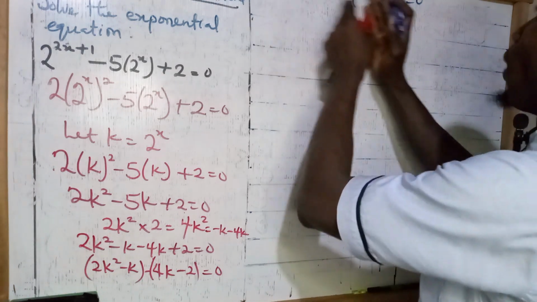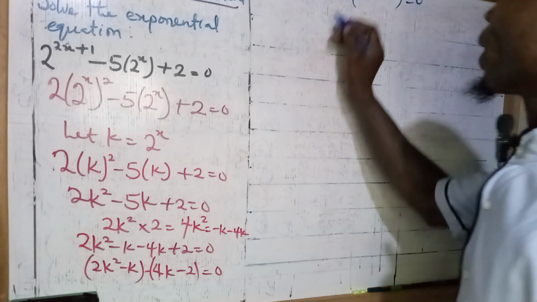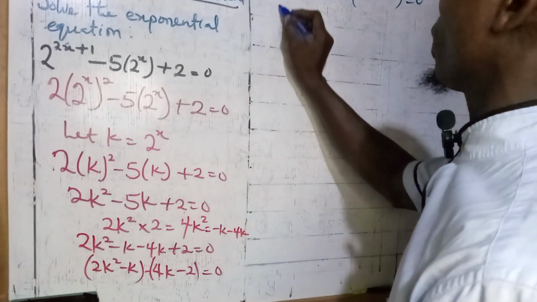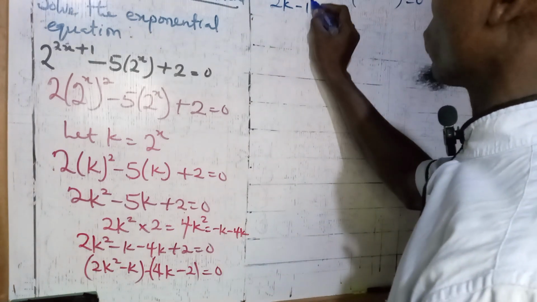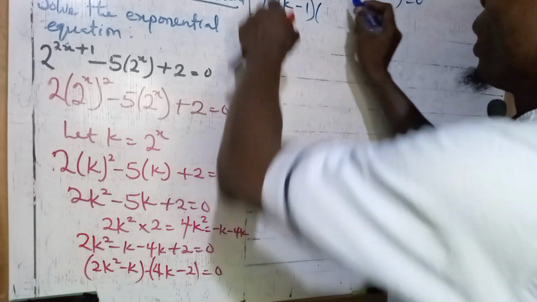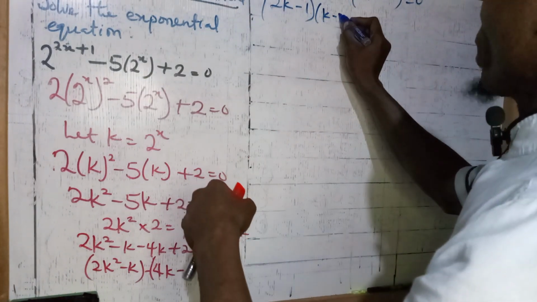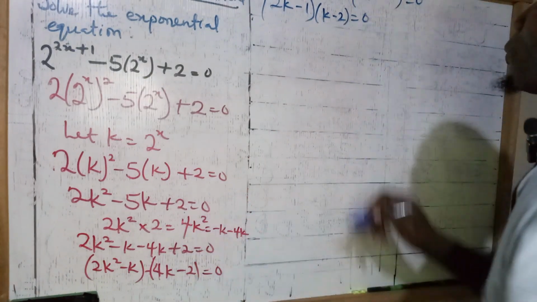Since what we have here and what we have here is the same, we can now bring these two together as 2k minus 1, then k minus 2, equals 0.